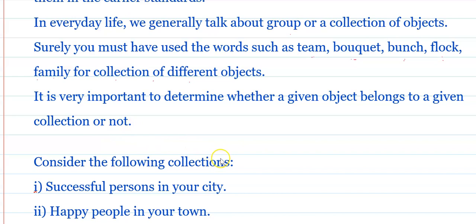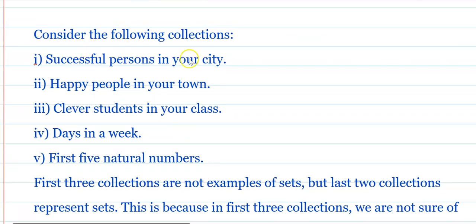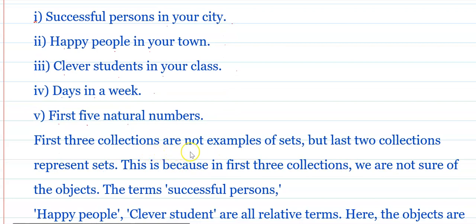Now consider the following collections: successful persons in your city, happy people in your town, clever students in your class, days in a week, first 5 natural numbers. The first 3 collections are not examples of a set, but the last 2 collections represent sets.